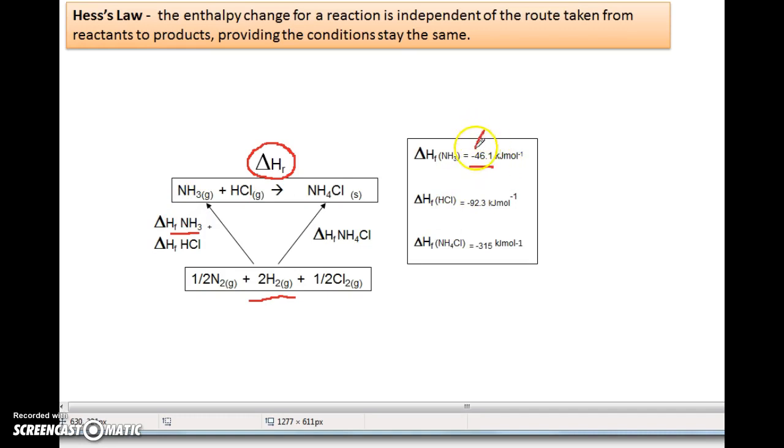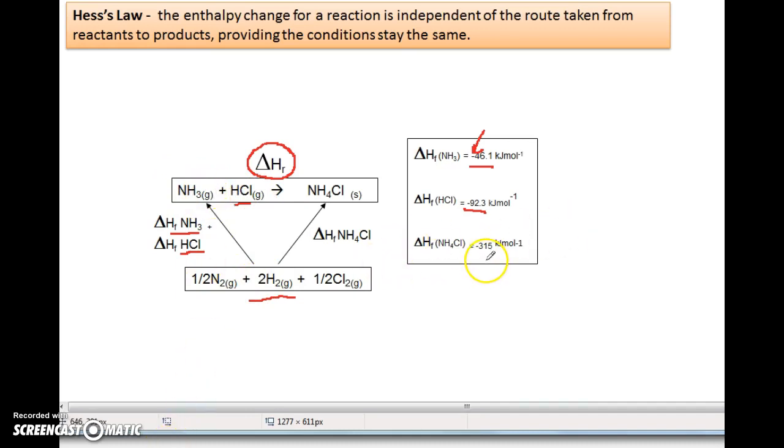That's an exothermic reaction because it's got a negative in front of it. We also know how much energy would be given out when hydrogen and chlorine react to make HCl. That's minus 92.3 kilojoules per mole. So we actually have a value for the enthalpy change going from these elements to the molecules on the left hand side here.